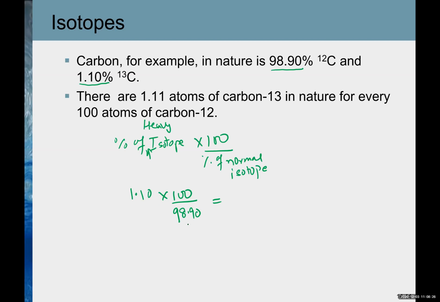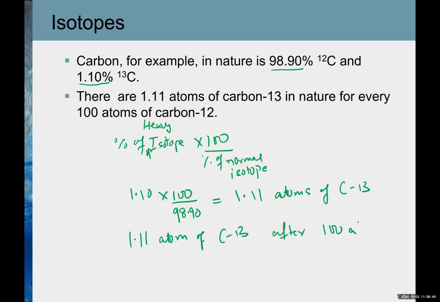When you do this calculation, what do we get? We get 1.11 atoms of C13. So this means 1.11 atoms of C13 for every 100 atoms of C12.